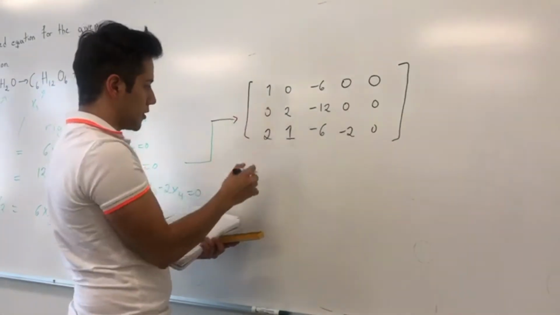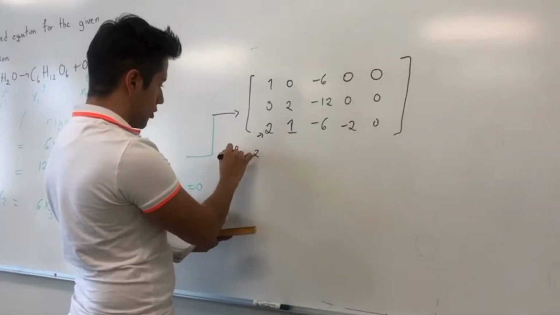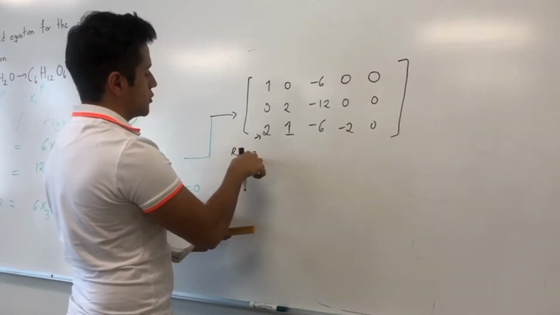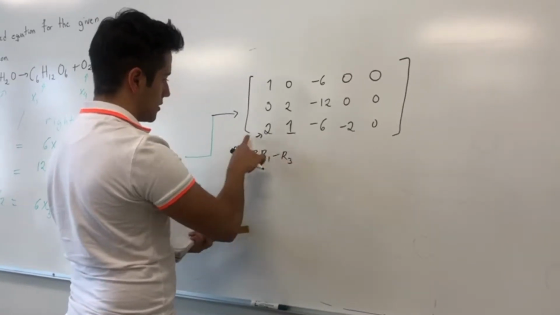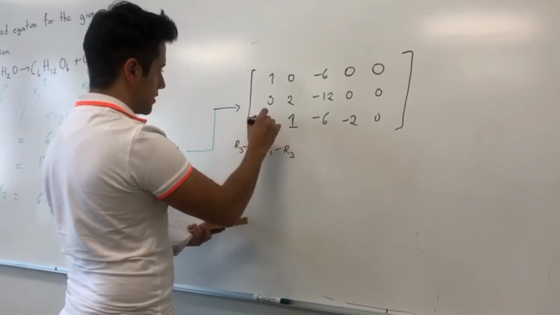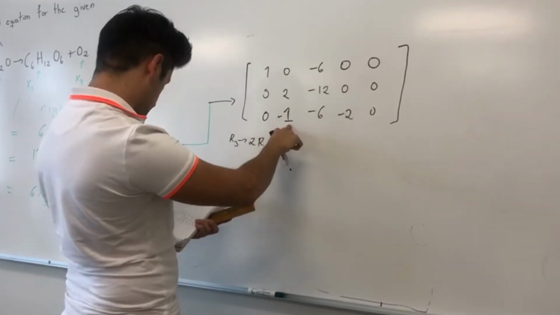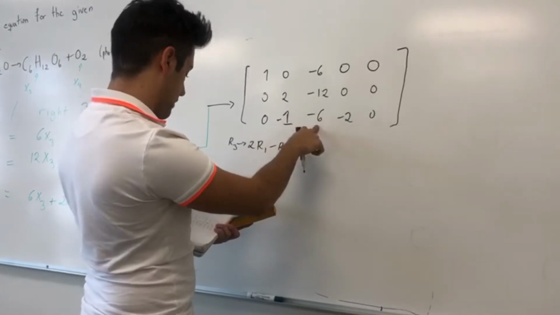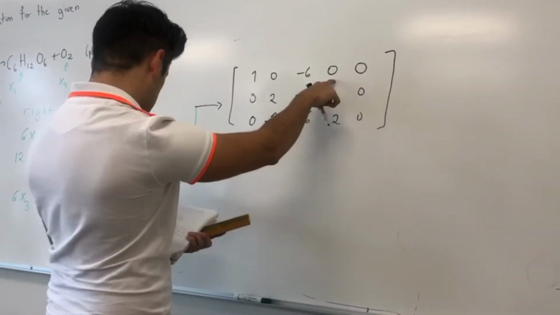Okay, so first we will make this one a 0, and we can do that in row 3 by doing 2 times row 1 minus row 3. We will get rid of this, making a 0. This will be a minus 1, this will be a minus 6, and this will be a minus 2 because of the 0.